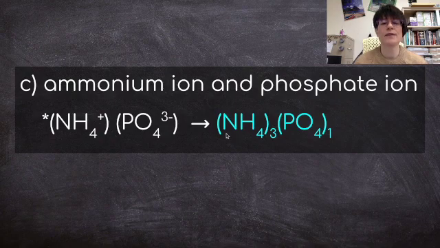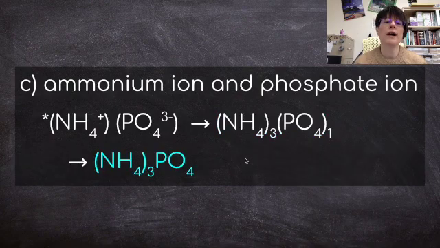And I could rewrite this as (NH4)3(PO4)1. But remember, we don't write ones. So I would rewrite this as (NH4)3, with the 3 outside of the parentheses. I get rid of the parentheses for PO4 because there's no subscript behind it, and I just write it as PO4. And we understand that when we see that it's a polyatomic ion.